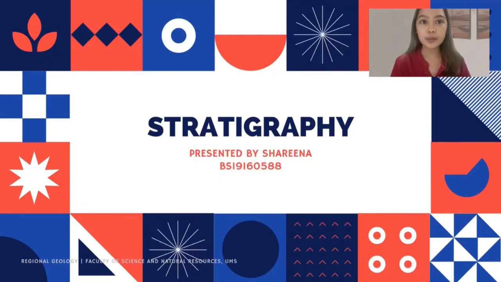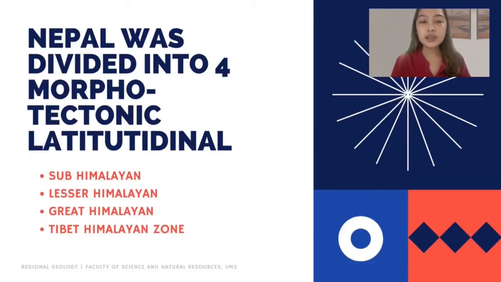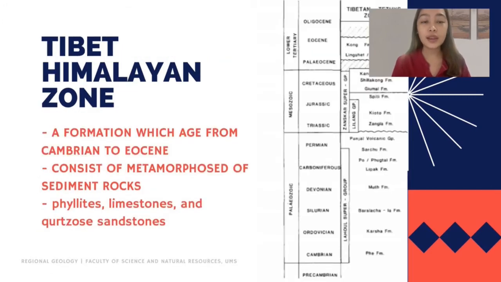Next, I'm going to present the stratigraphy unit of Nepal. For Nepal, there are 4 subdivided morphotectonic zones, which are the Sub-Himalayan, Lesser Himalayan, Great Himalayan, and Tibetan Himalayan. Let me start with the Tibetan Himalayan zone. It is a formation that starts from Cambrian age until Eocene and consists of metamorphosed sedimentary rocks.